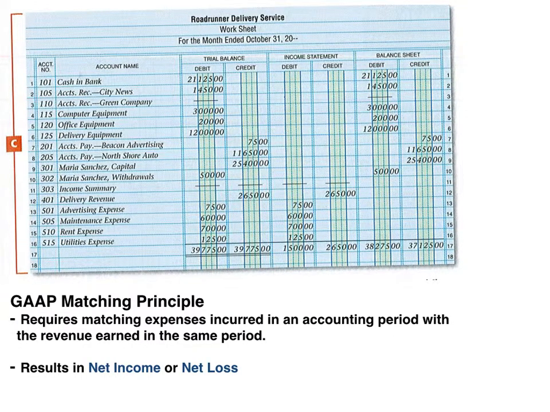This brings us to one of the GAAP principles called the matching principle. What this principle requires is that we match the expenses incurred in an accounting period with the revenue earned in the same period.